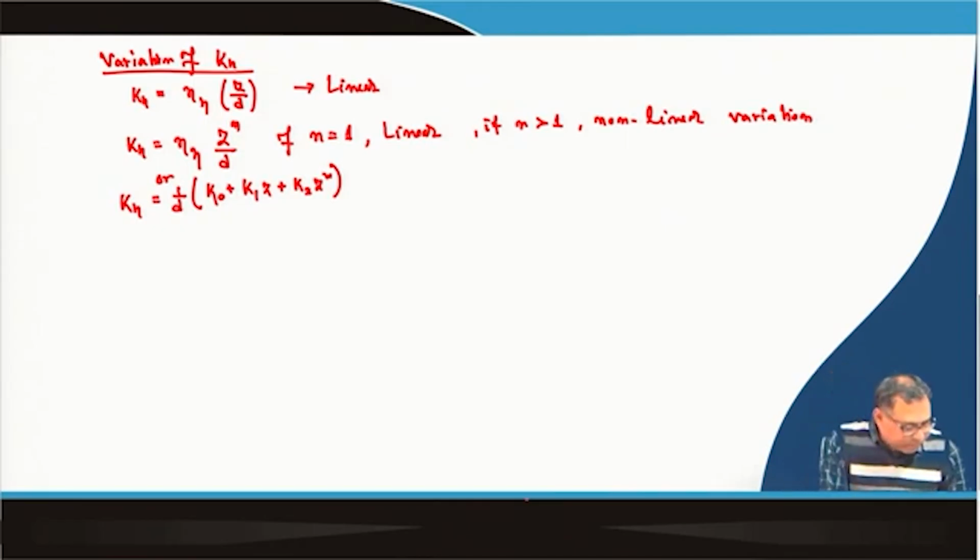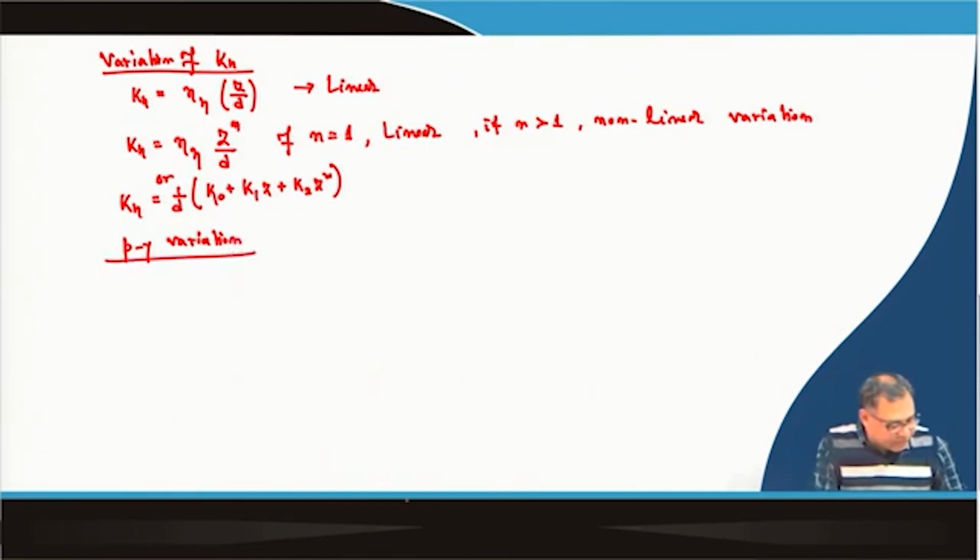Okay, so then the Py relationship, that is the stress and the deflection relationship, or the Py variation, I should say, where P is the stress, y is the deflection. So, the linear variation is that P is equal to kh into y. This is the linear variation.